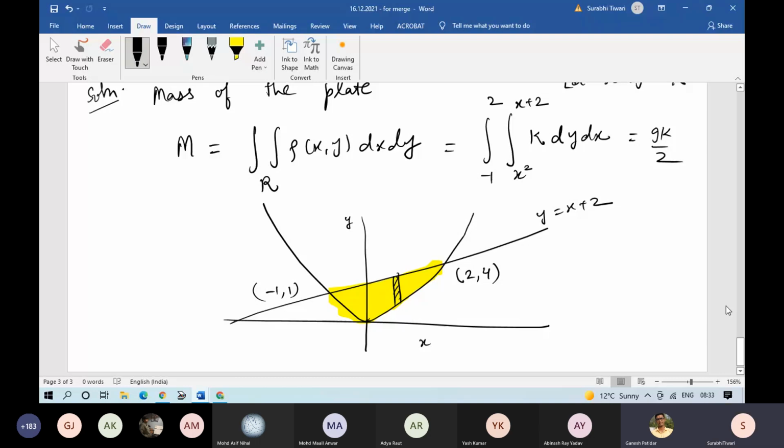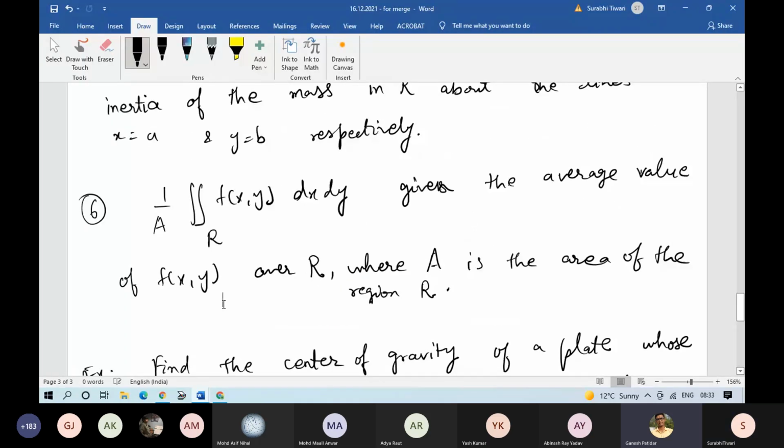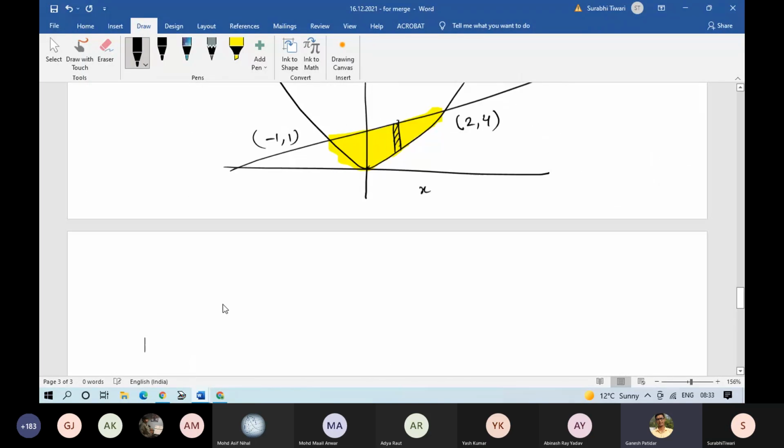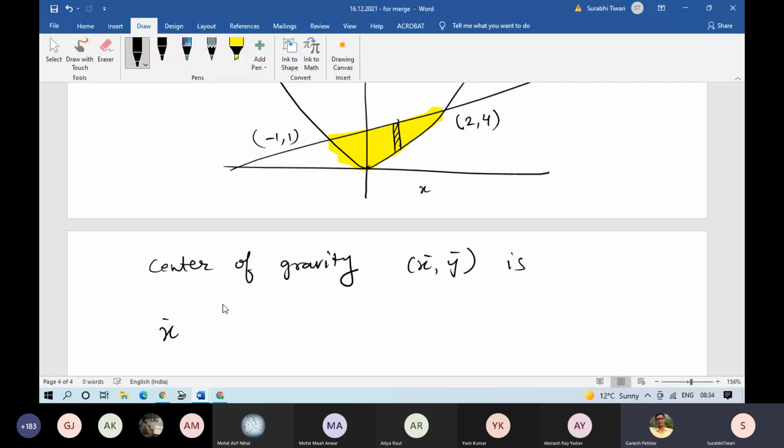Simply apply the formula. Center of gravity (x bar, y bar): x bar is 1/m double integration over the region R x rho(x,y) dx dy.